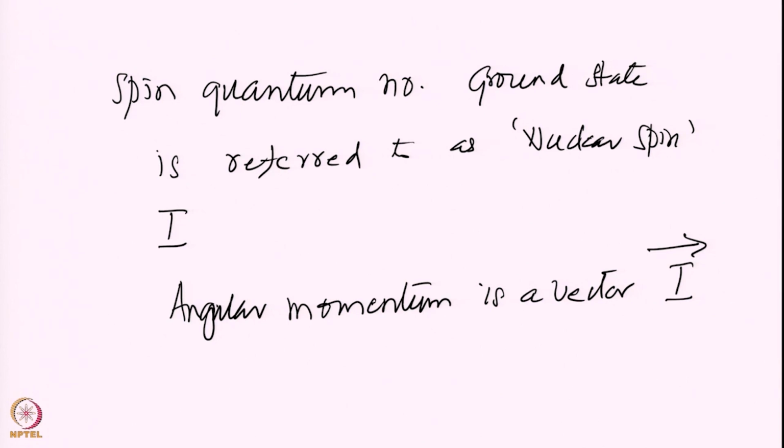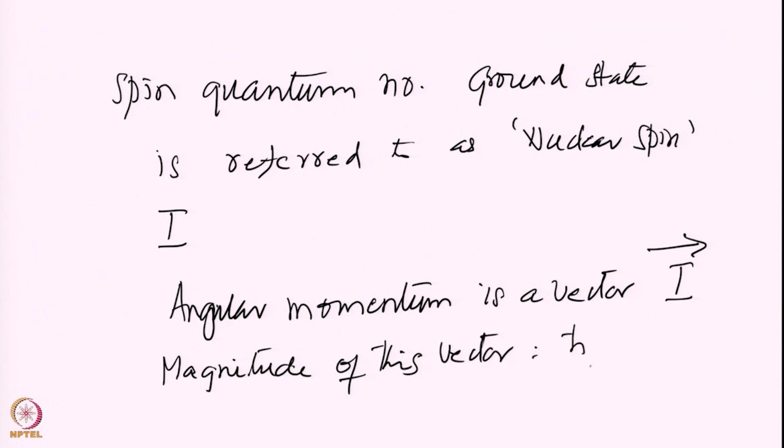Okay. Now what is the magnitude of this vector? The magnitude of this vector is h cross under root I into I plus 1. I is a number here, and what is h cross?